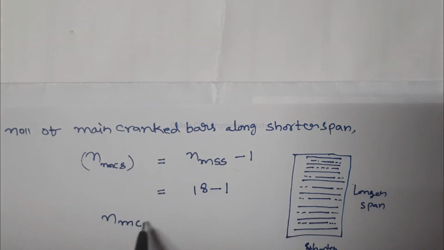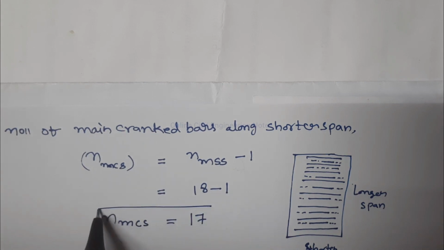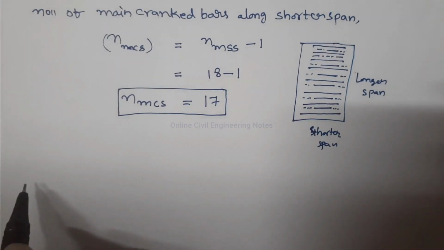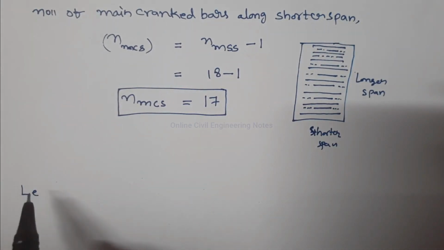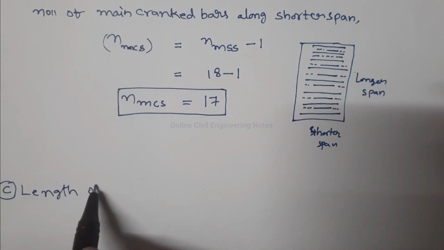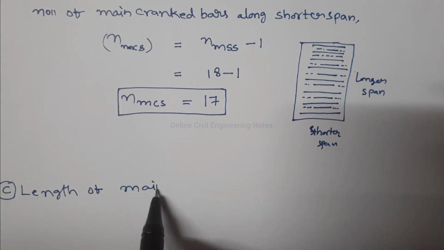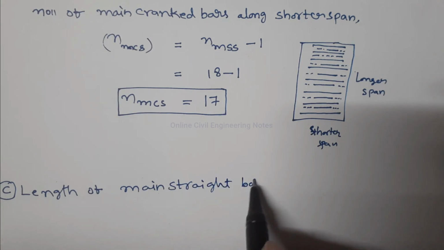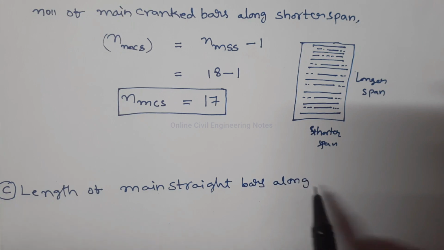Therefore, 7 numbers are required along the shorter span. Now calculate the length of main straight bars along the longer span.